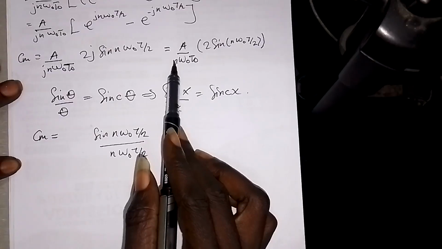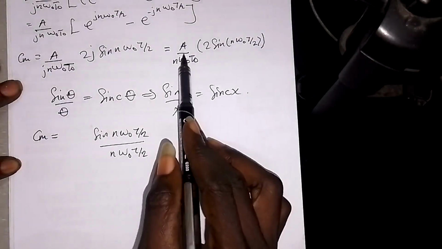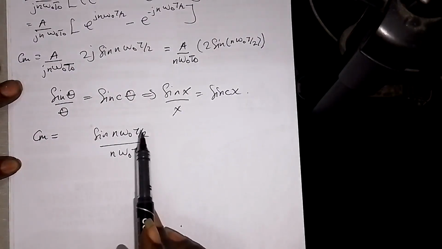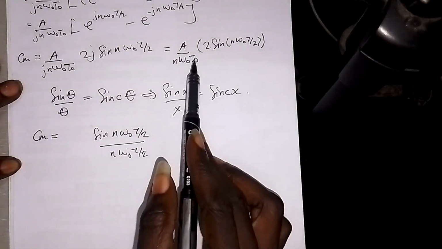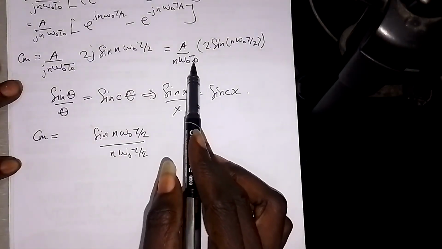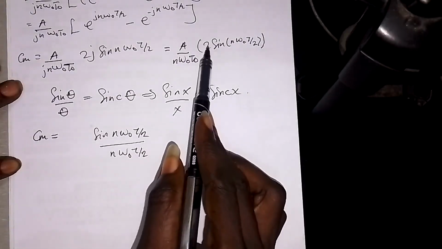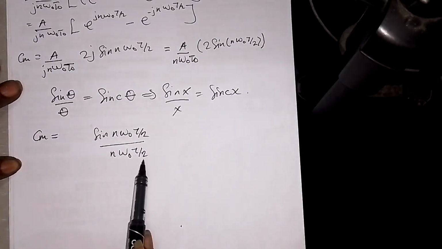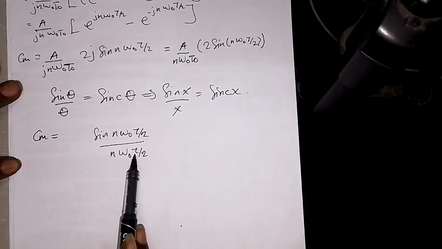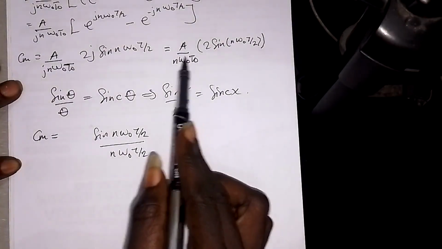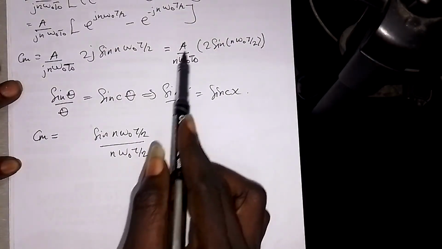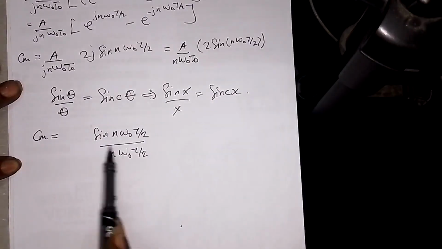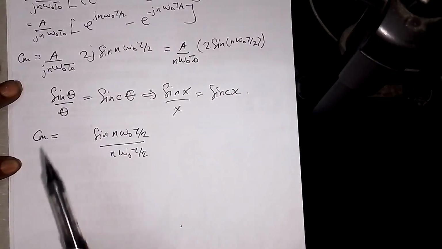You see that this n has now come here, this omega naught has come here, and this 2 has come here, but this tau is not anywhere here. So the tau must come up.